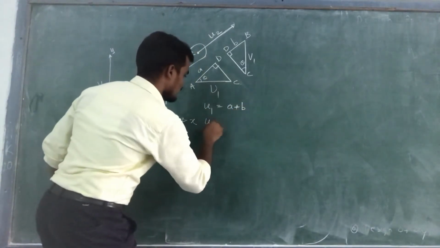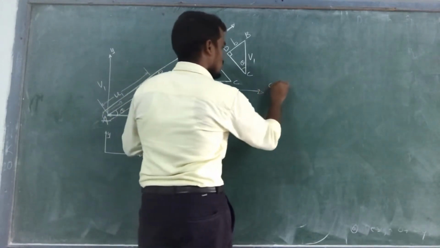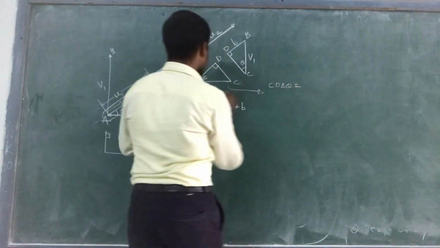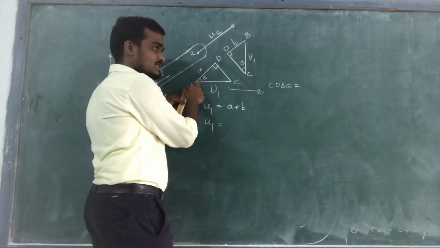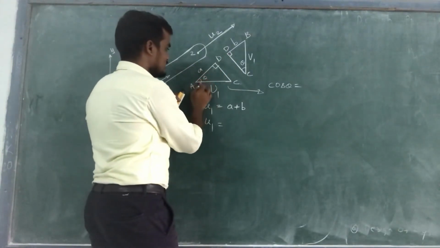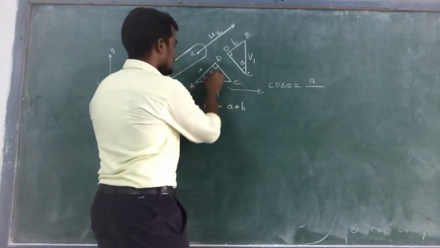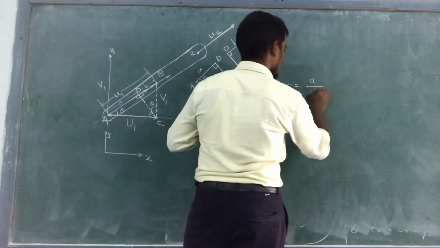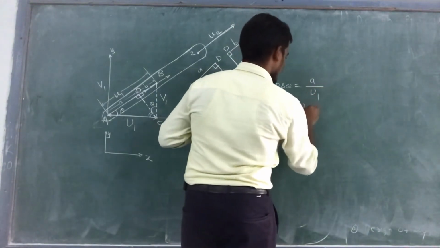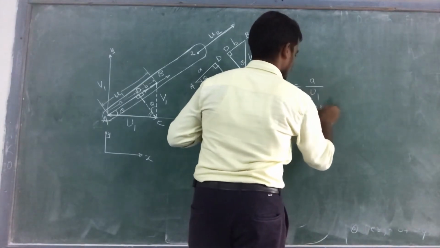So from this figure we know that this small u1 is nothing but A plus B. Now from this diagram we know that cos theta is equal to adjacent divided by hypotenuse. Adjacent is A divided by hypotenuse U1, so A will become U1 cos theta.